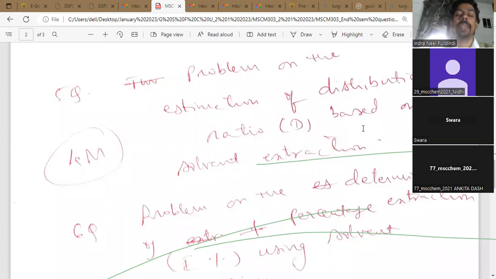Look into the material. The next question is a problem on the determination of percentage extraction, meaning E percentage, using solvent extraction method. Dear students, if you carefully follow the problem, you know the formula used for determination of D or E is the same. Only one formula is used to calculate both the distribution ratio and percentage extraction.